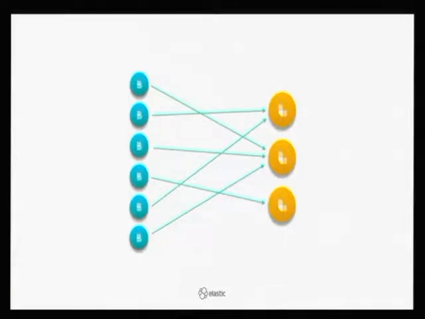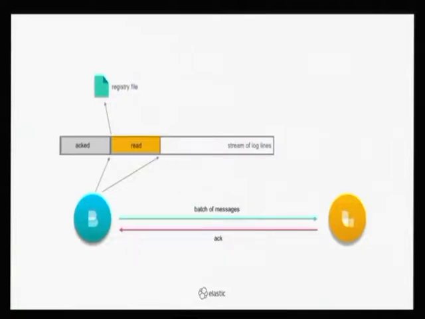How do we make sure we are not losing any data? For every file we monitor, we have a so-called registry file. That registry file keeps the pointer up until where we have sent everything, and the last bit we have sent has actually been acknowledged already.